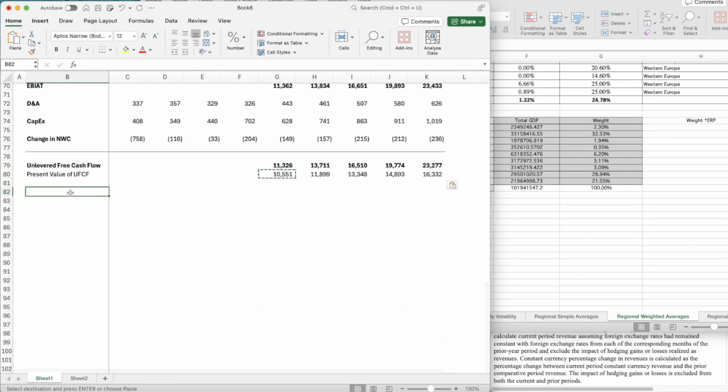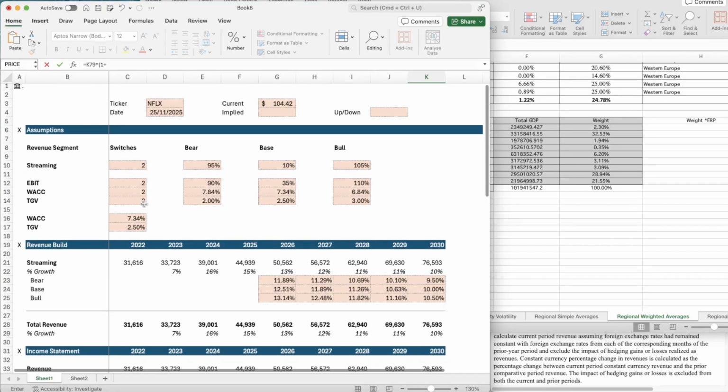Okay. Now we need the terminal value. And the way we get that is you take your final year of unlevered free cash flow, multiply it by 1 plus your terminal growth value, close brackets, divided by your WACC, subtracted by your terminal growth value.